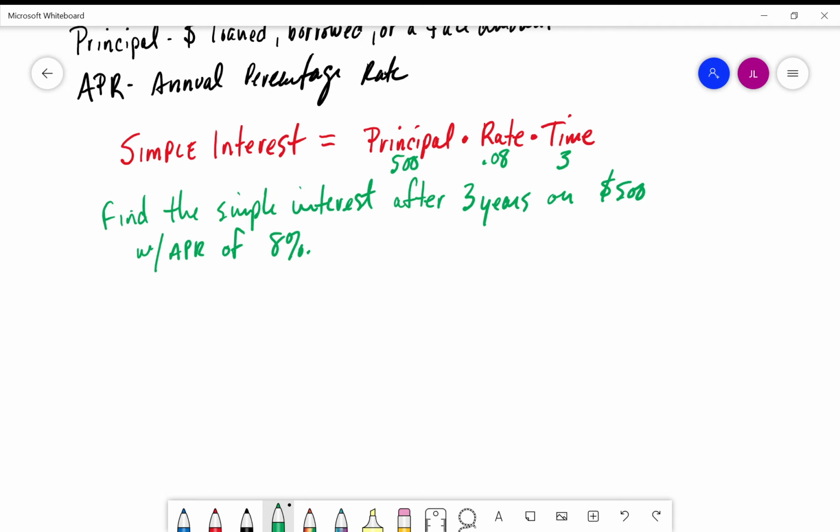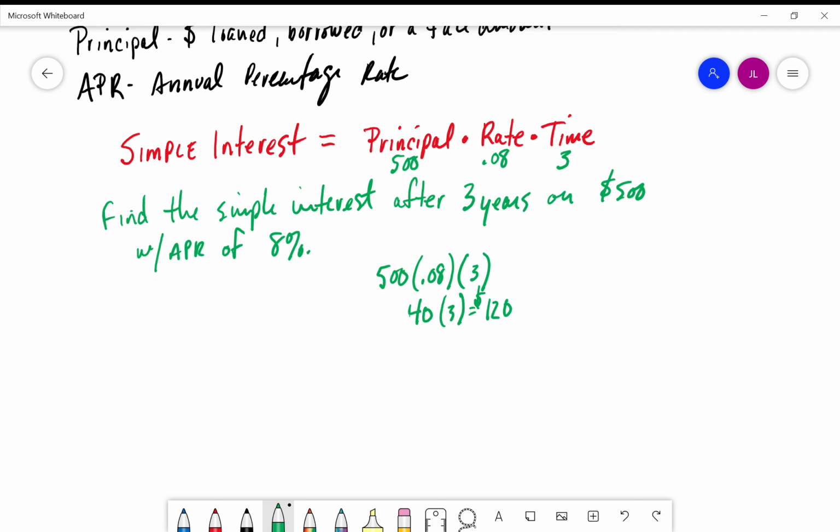So principal times rate times time, 500 times 0.08 times 3. 500 times 0.08 is 40 times 3 is 120. So after 3 years, this $500 will accumulate $120 in interest at 8%.